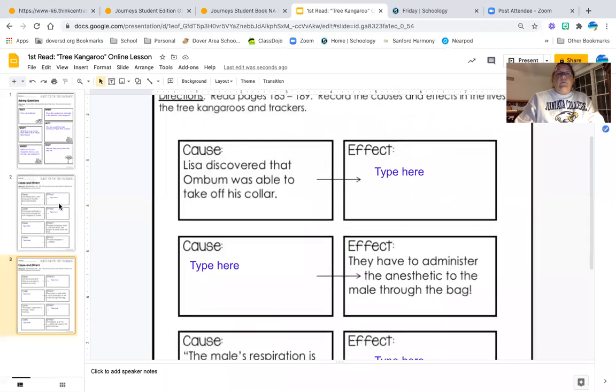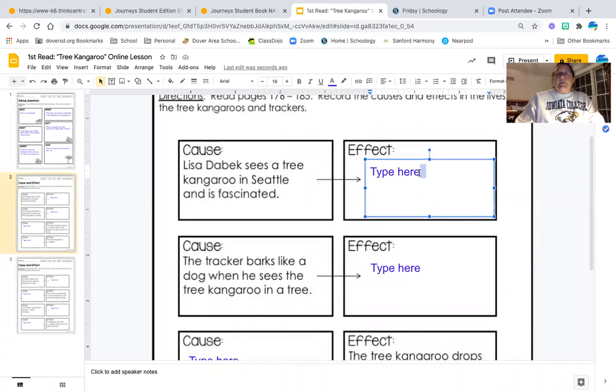So Lisa sees a tree kangaroo in Seattle. That's the cause, that's the why that happens first.